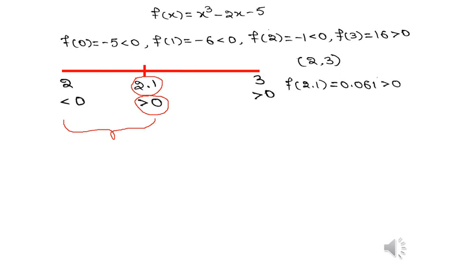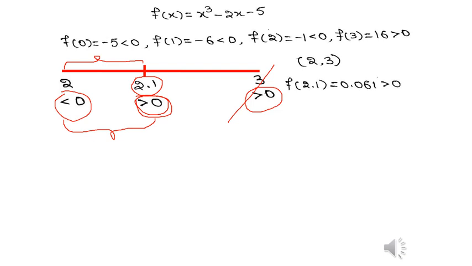Here it is less than 0, here it is greater than 0, and this is also greater than 0. So we can neglect this value and we can take the smaller range, so that it becomes easier for us to apply the formulas with the smaller range.